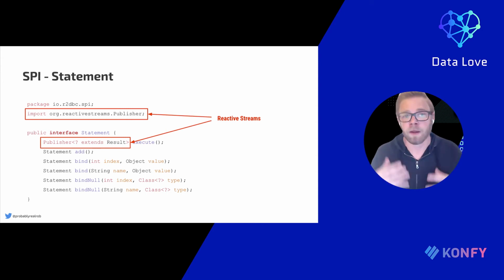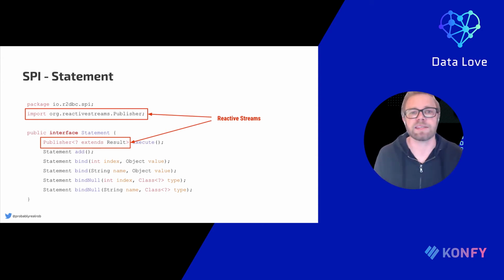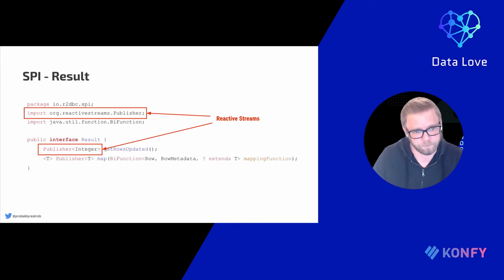You can do that the same, but again, you're getting a publisher back, and you're subscribing to the idea that once it's executed, I want to receive the results, but you'll get those at some time in the future. Could be immediately, could be milliseconds, could be seconds. And we'll dive into what dictates that in a little bit.